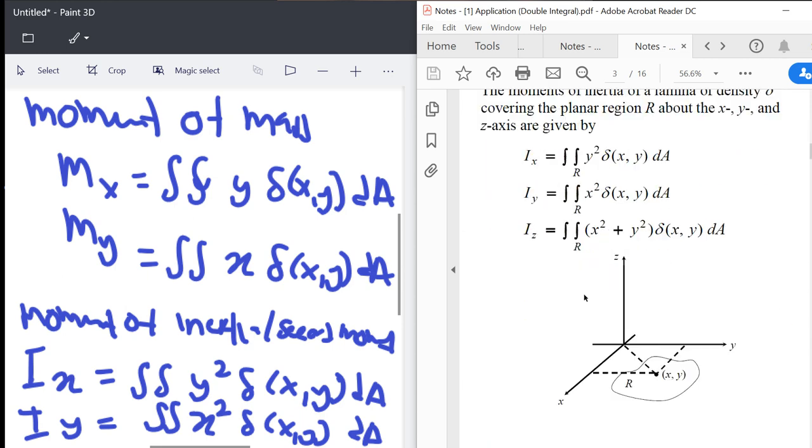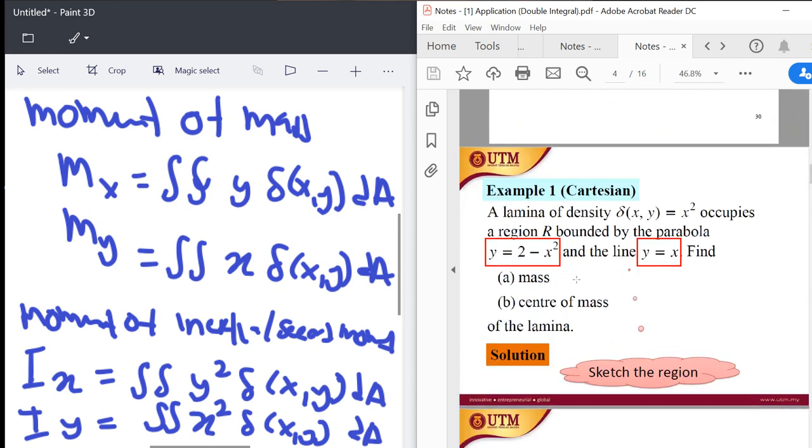So I give you an example. Basically the application is that you have to understand the terminology and the formula given. Which one represents what we have learned previously in double integral, either for Cartesian or polar coordinates? Which one represents the mass?